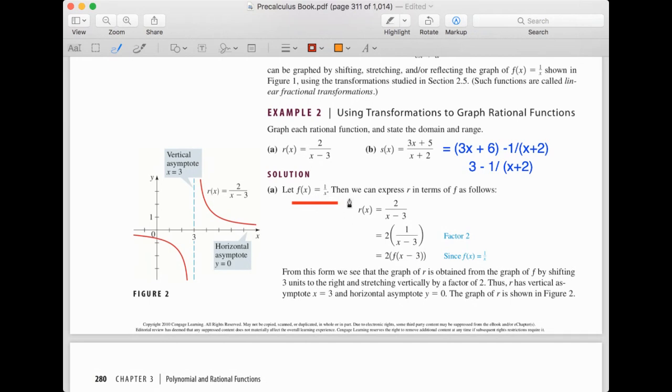If we can write a function in terms of another function, you see that's a transformation. So r of x is a transformation of f of x.